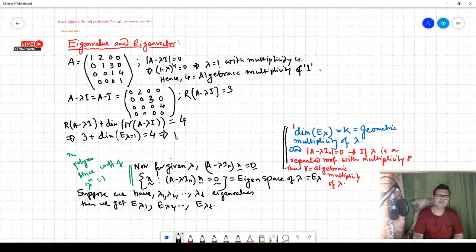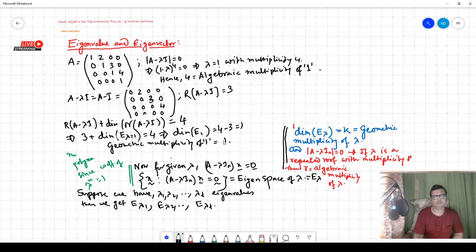So dimension of E1 is 4 minus 3, this is 1. So geometric multiplicity of 1 equal to 1.